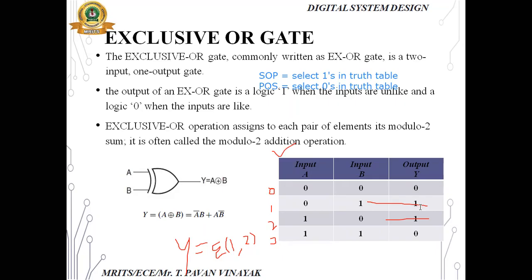So SOP means sigma, right? Sigma indexes are what here available? 1 and 2. So let us see how we can write it. Sigma 1 and 2, right?